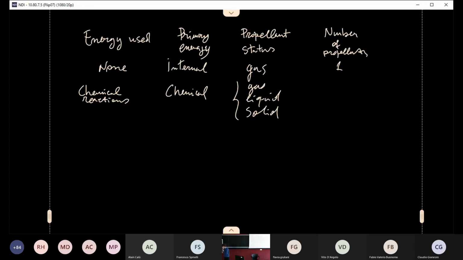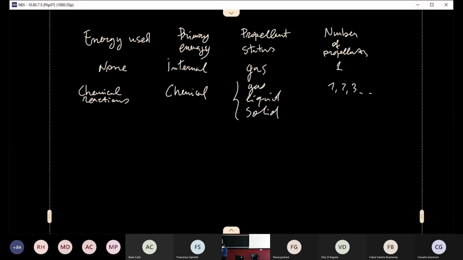And here we can have one, two, even more propellants in principle. And so we have thermal rockets with chemical energy, so they are chemical thermal rockets, solid propellant or liquid propellant based.